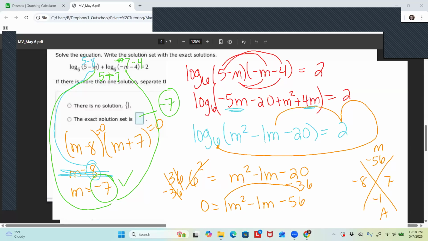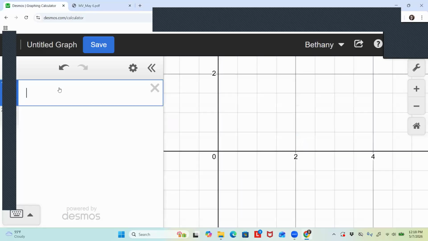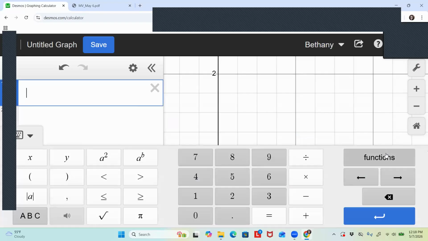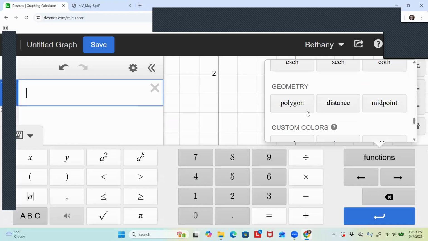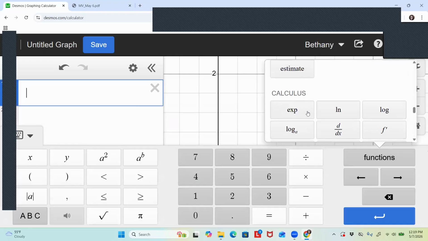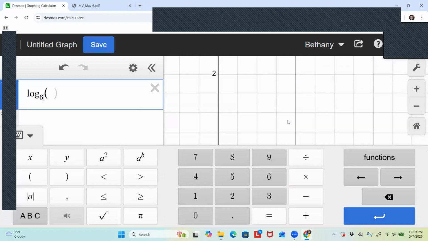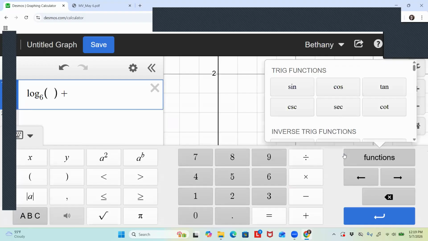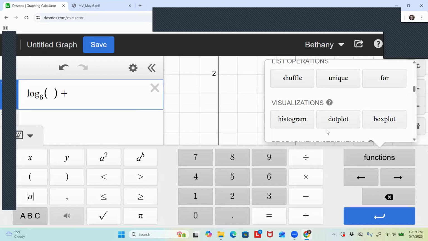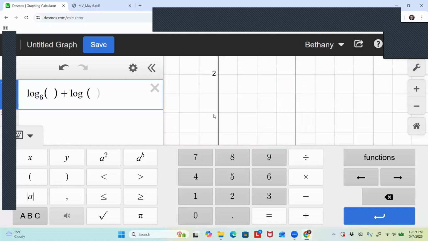Okay, to check this one, in Desmos, to get log base something, come to functions, come under the calculus section, and there it is, log little a, and now we can push 6. And then it was plus, let me do that again, log little a, and then 6.